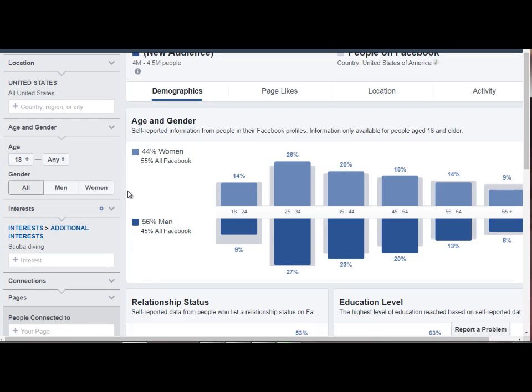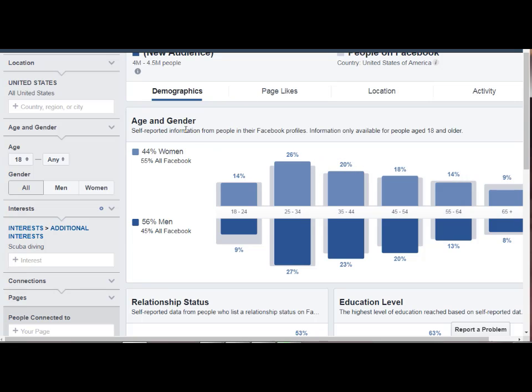Now, if we take a look at demographics, you can see that about 56% are men and 44% are women. So we see that the majority appears to be about 25 up. It's low here, it increases here, and then it decreases down here. So we can gauge that the large amount of people in this interest are 25 to 34 or 25 to 44.